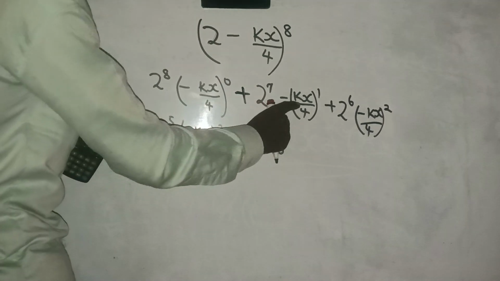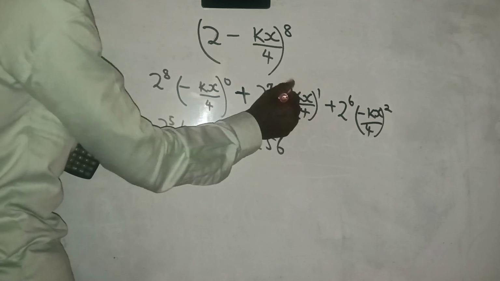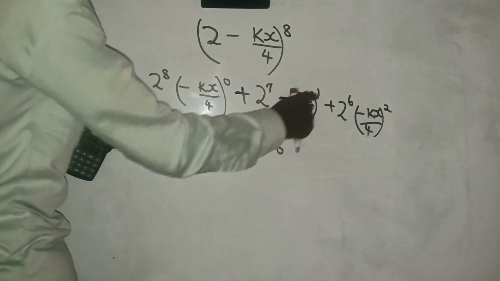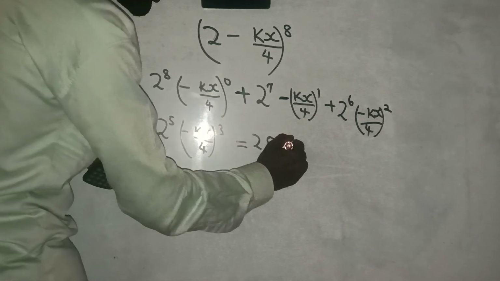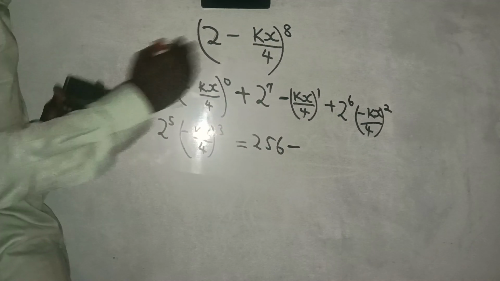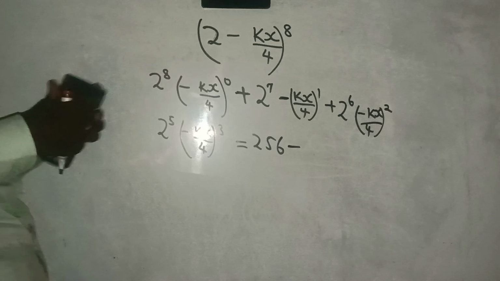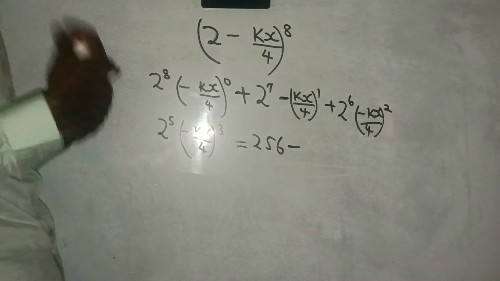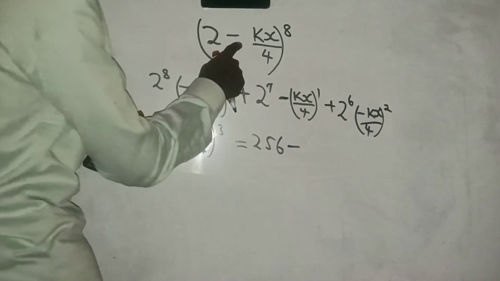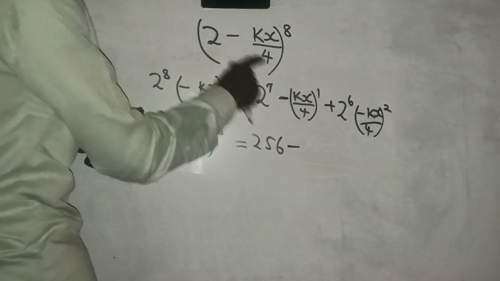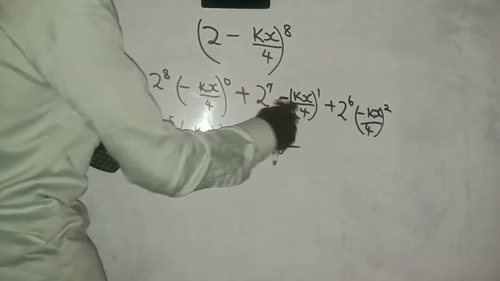Let's look at this. This second part that has a negative is raised to an odd number. So what do? We need to put here a negative. You see, I'm giving you a shorter way of doing this question. So the shortest way of actually coming out with the right answer as far as this working is concerned is to just look at this part. If there's a negative in your working, whatever you want to expand, just look at where that negative is on the second part.